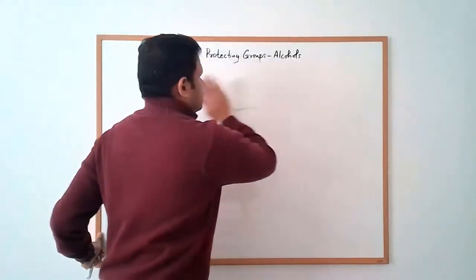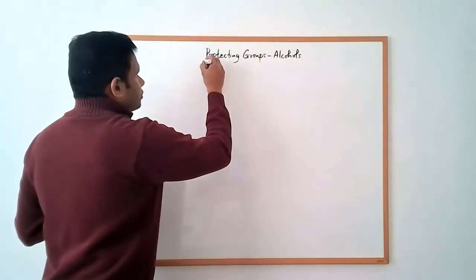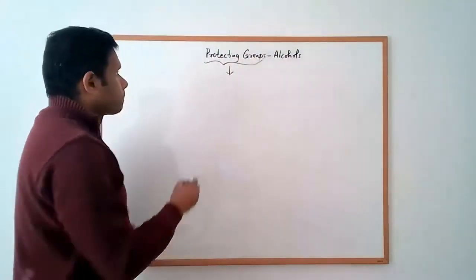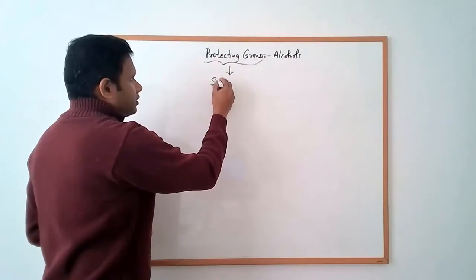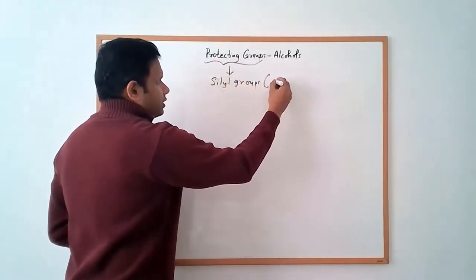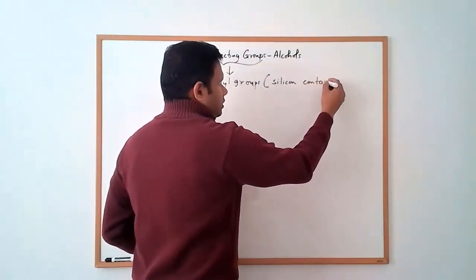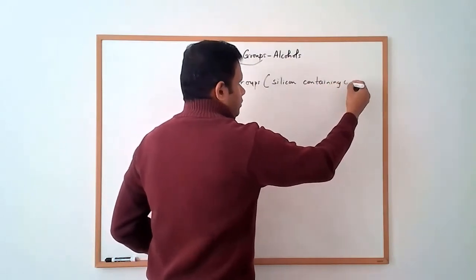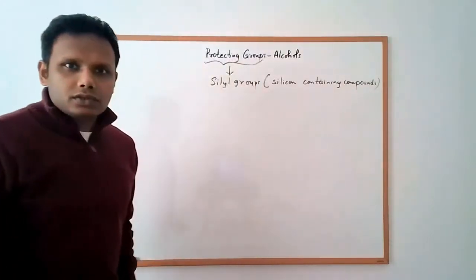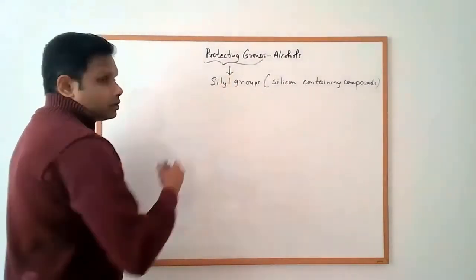Okay, so protecting groups for alcohols are silyl groups, which are basically silicon containing compounds. Silyl groups are used as protecting groups for alcohols.